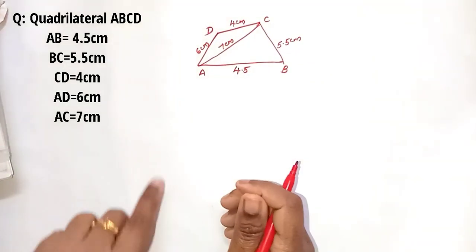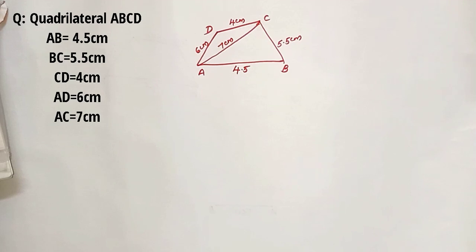That is, 4 sides and 1 diagonal are given. Now we can construct quadrilateral ABCD.